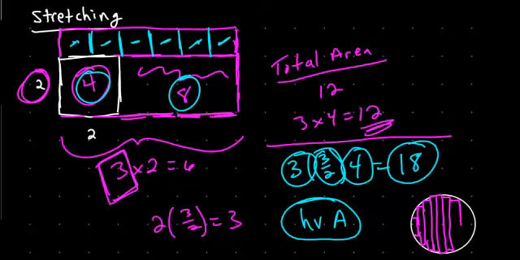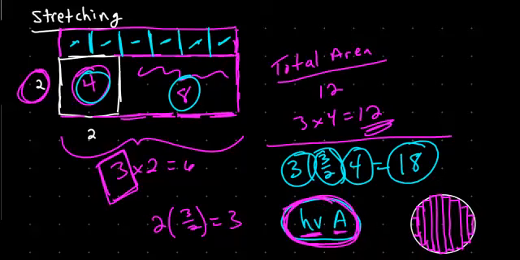So that's the basic idea: stretch something horizontally by h and vertically by v. If we know the original area a, the new area is simply h times v times the original area. And that is where they get that stretching theorem.